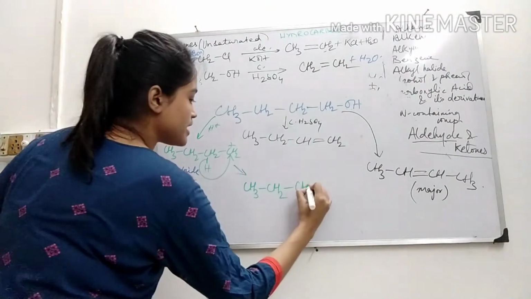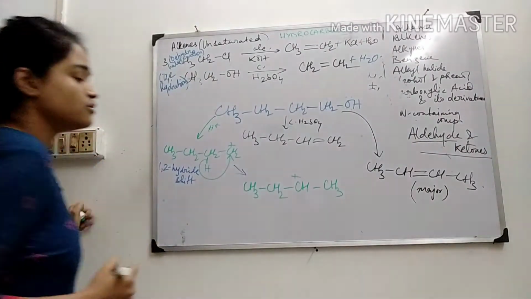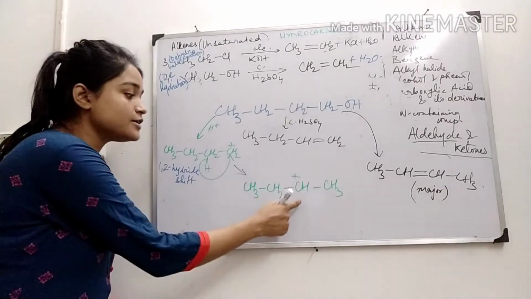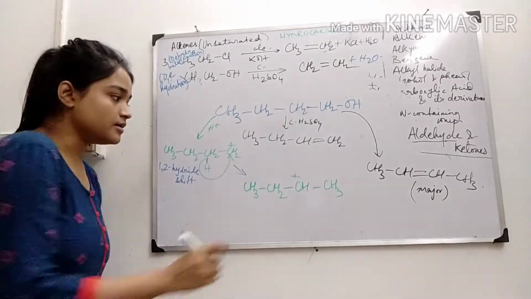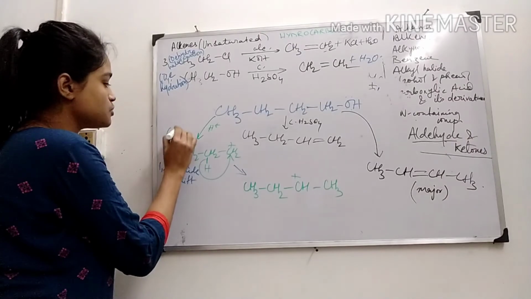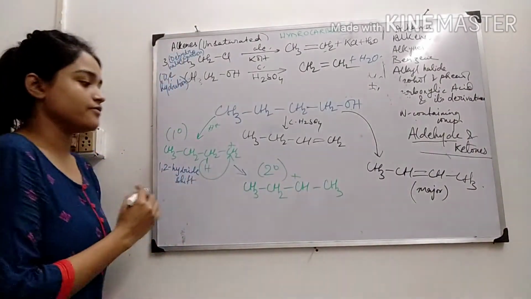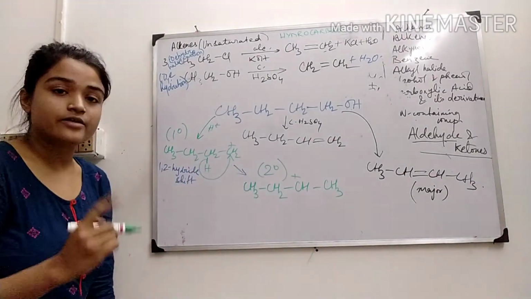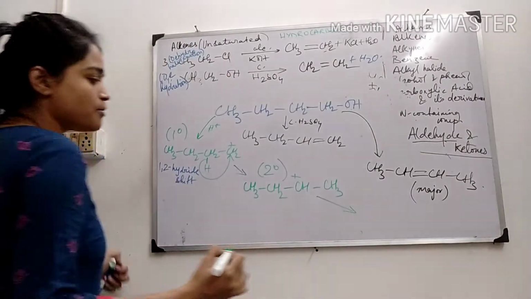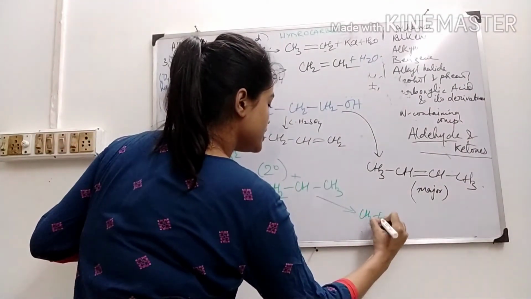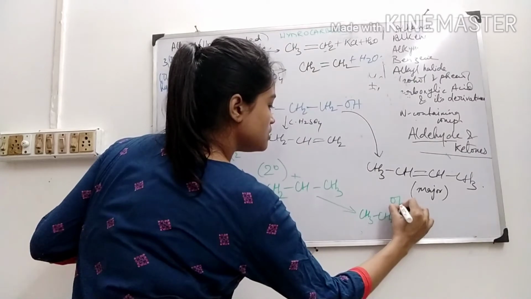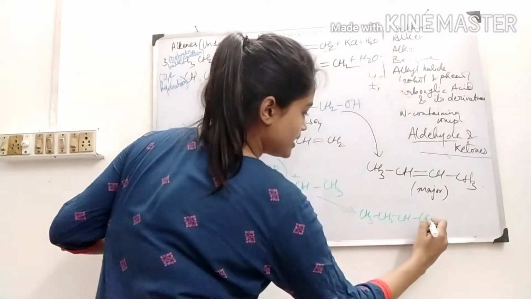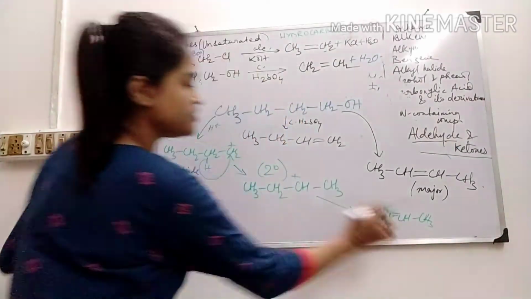We know a 2-degree carbocation is more stable than a 1-degree one, so that is the driving force. Clear? Because this is 1 degree, this is 1 degree, this is 2 degree, and 2 degree is more stable than 1 degree, there will be a 1,2 hydride shift, which leads to the formation of, sorry, not alcohol, an alkene, where the double bond will be formed in between.